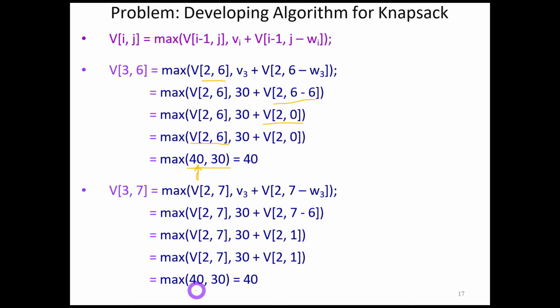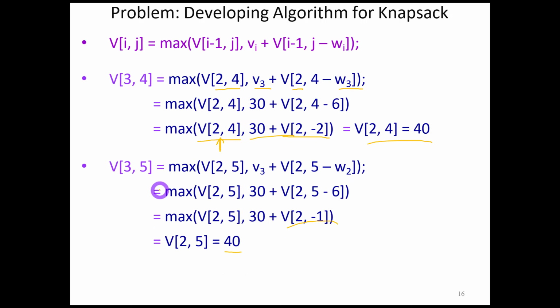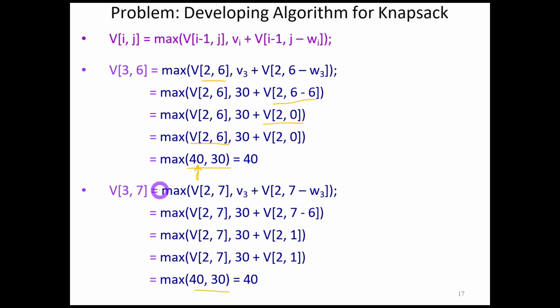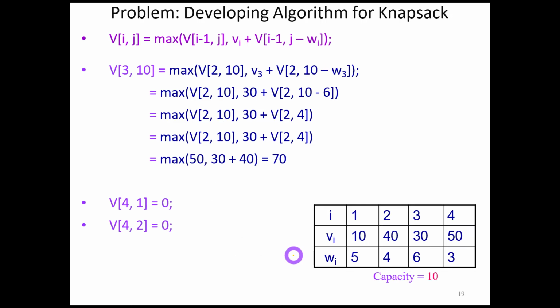And same is the case over here. So the value of keep for all of these, 3, 6, 7, all of these, and the previous ones, 4, 5, is 0. Similarly for 3, 8, again, we are choosing the left side. Again, we are choosing the left side. So the keep is 0, not 1.